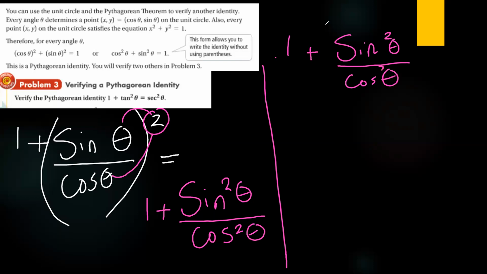What is the next step? What do you have to do next? Equal 1 over cosine? How? No, before that. Here, 1 plus sine over cosine, we can say this is the same as tan squared.